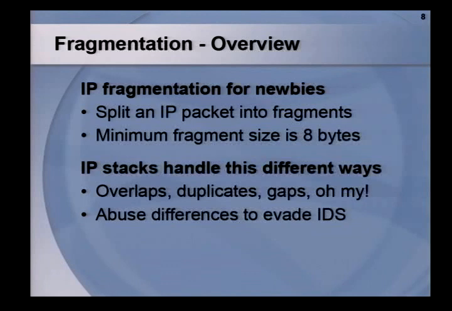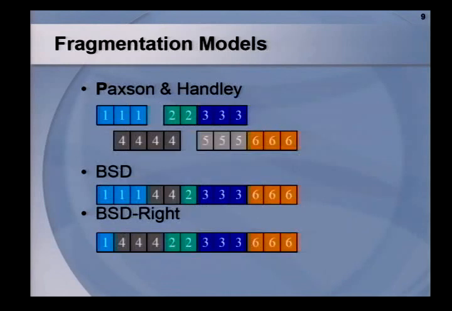And unfortunately, this is incredibly difficult, especially when different versions of the different operating systems change how the fragmentation is handled. Not very long ago, Paxson and Handley released a paper discussing a number of the different IP fragmentation models. They came out with a very simple model of how they handle that. They send out 6 different packets.